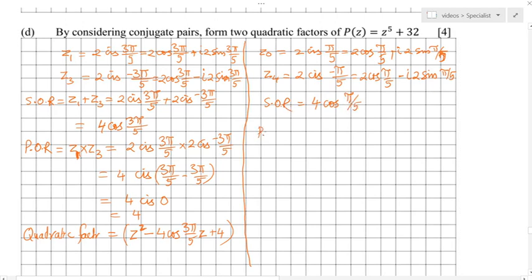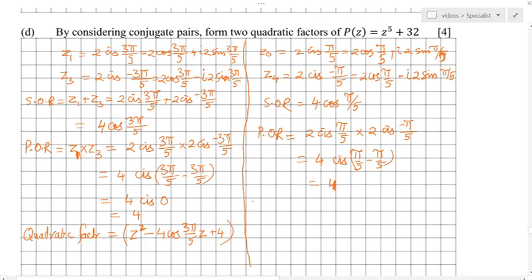And likewise we've got the product of roots, which is, if you multiply these in polar form, 2 cis pi over 5 times 2 cis minus pi over 5, that becomes cis pi over 5 minus pi over 5, which is equal to 4, because cis 0 is 1.